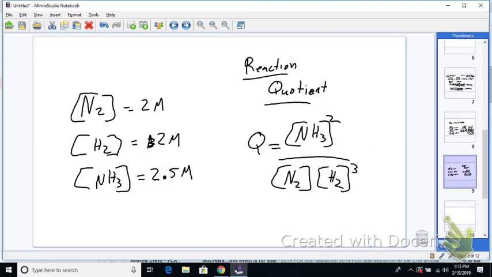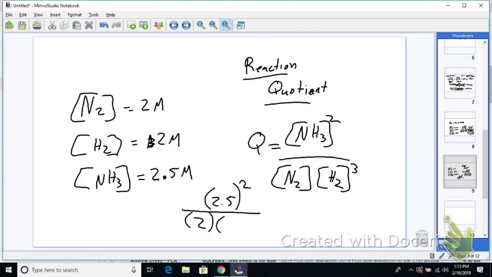Okay. So on this, we're going to be finding what we call the reaction quotient. So we're going to plug those in. So that's what? NH3 is 2.5 squared. N2 is just 2.